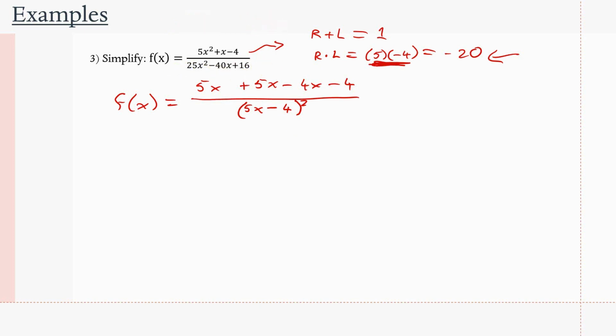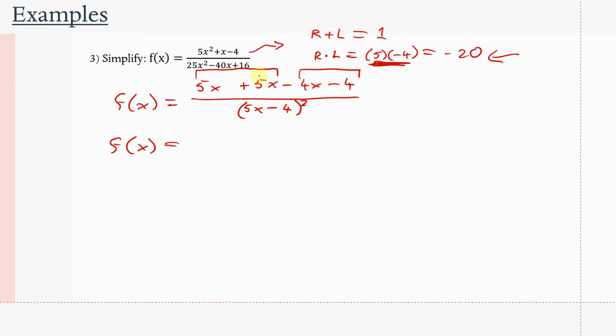Okay, so the bottom's factored completely, but let's keep going on the top trinomial, the complex trinomial on the numerator. So now that we're in this step, we can factor by grouping, by factoring out a common factor from this term and a common factor from this term, right?